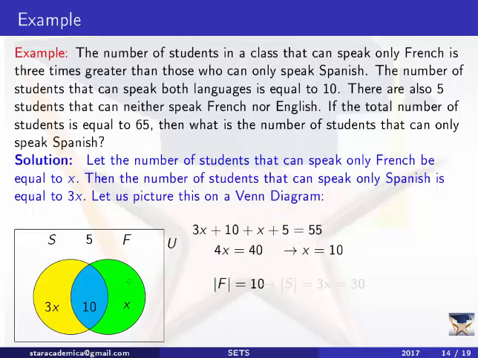So remember we did change this. This was really 3X, and this was really X. So people who speak only Spanish are 10. People who speak French will be 30. So we have what we wanted.